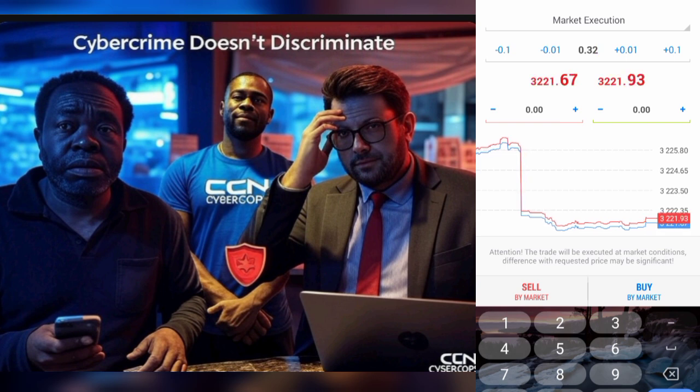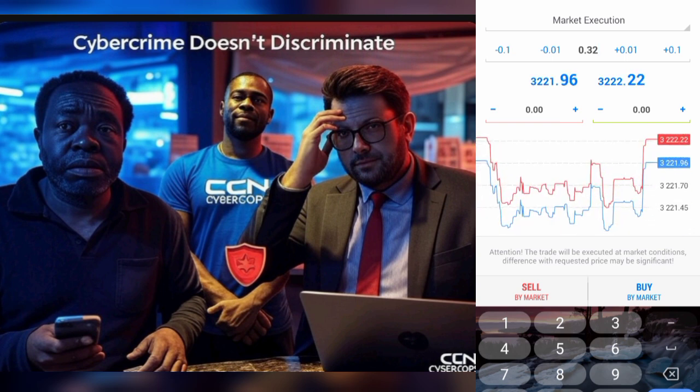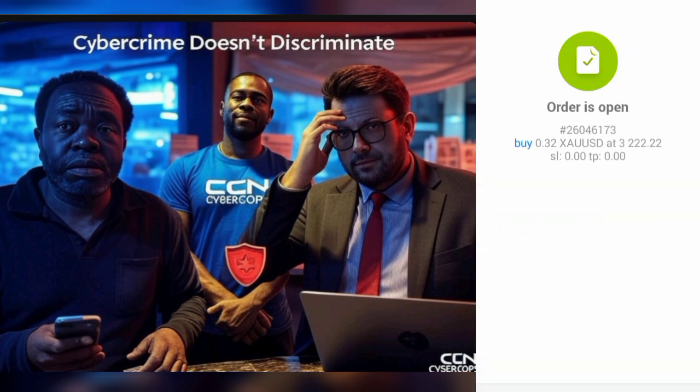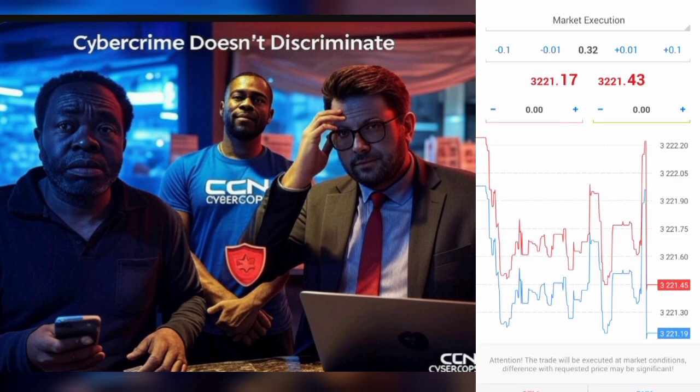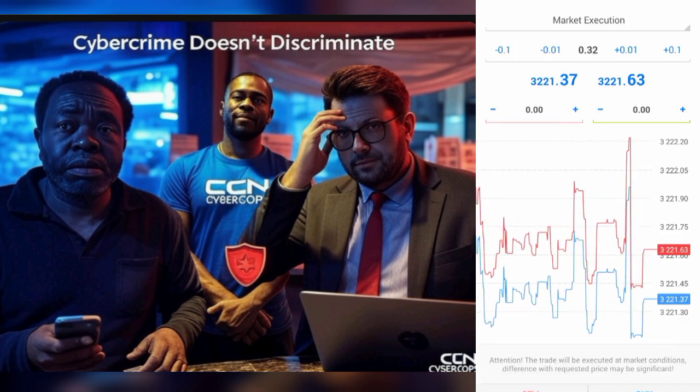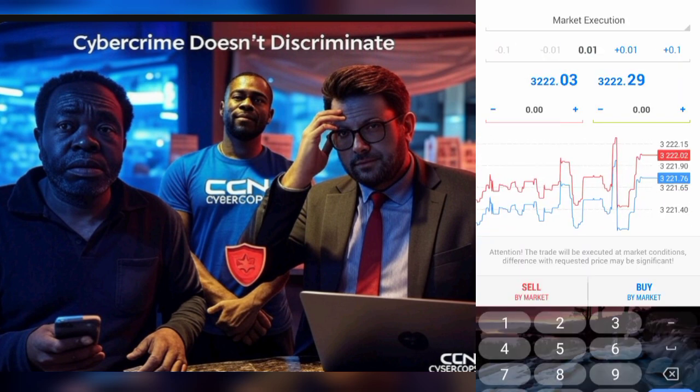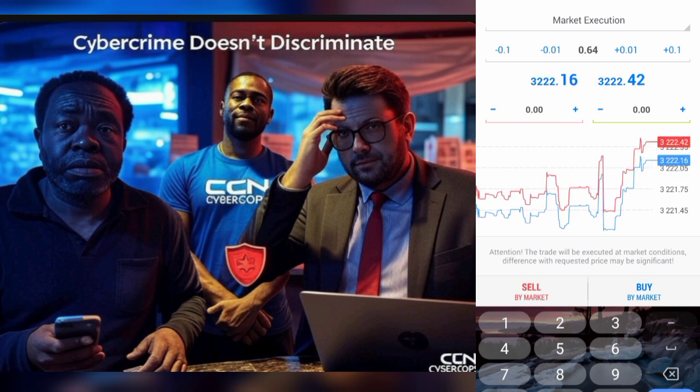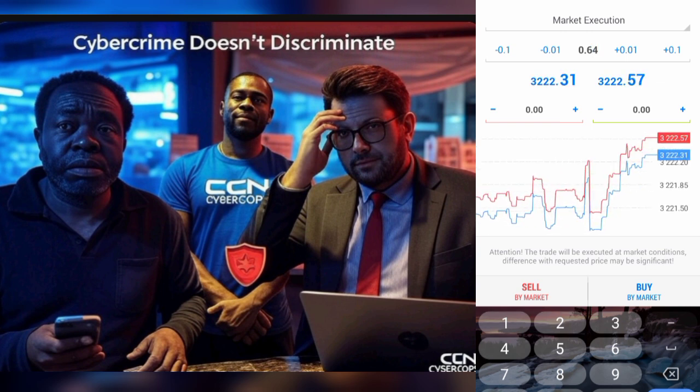So right now we are preparing for the move. So let's take this entry so we can multiply our entries. So now we have 3.2, and our last entry for the trend will be 6.4. All right.